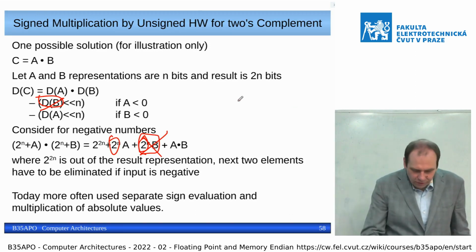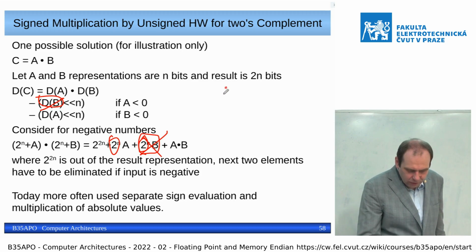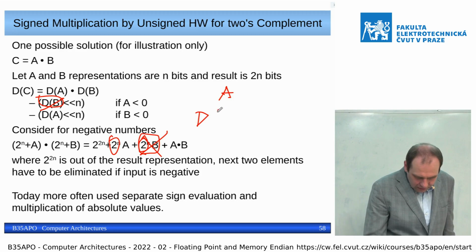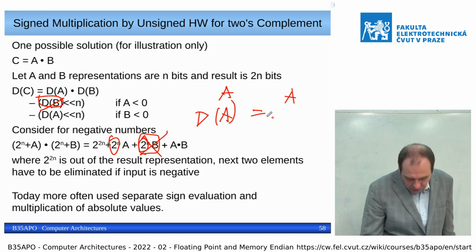If you try to write a negative value, if we have A, then the representation of A is A if A was positive or 0, or it is a modulo minus the absolute value of A, if A is smaller than 0.